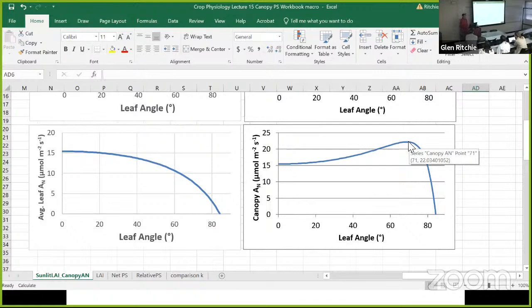So with rice, which is a crop that grows very well in high light environments, even though it's a C3 crop, it does very well in these high density situations because it's able to maximize the canopy net photosynthesis by having upright leaves in this case.